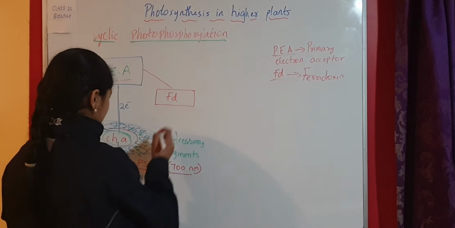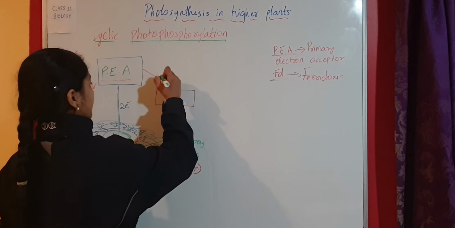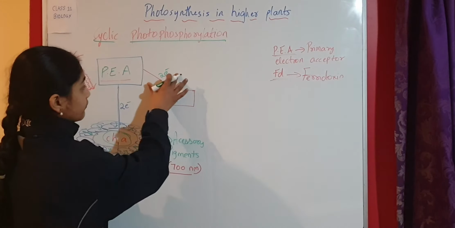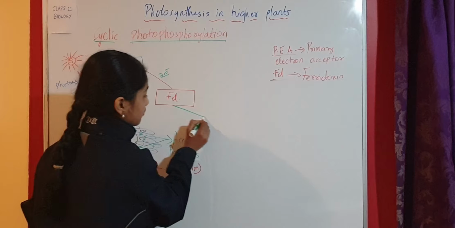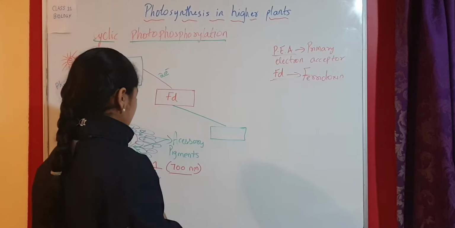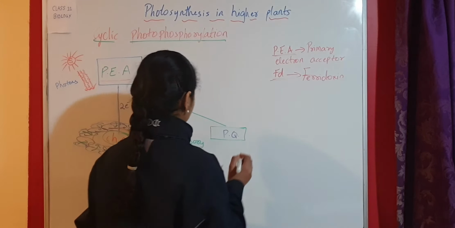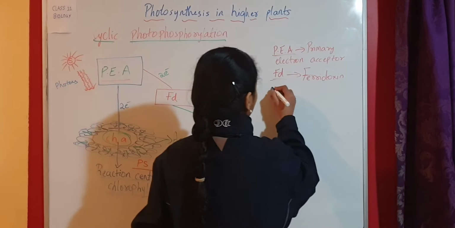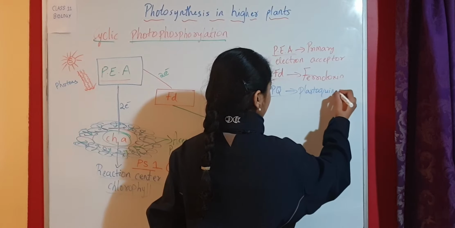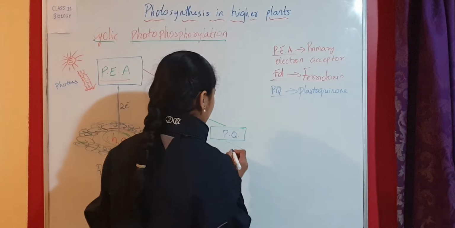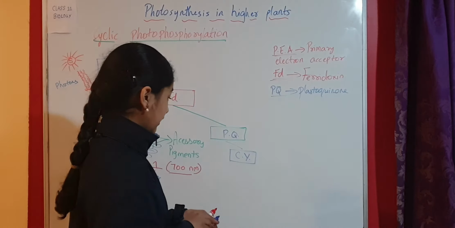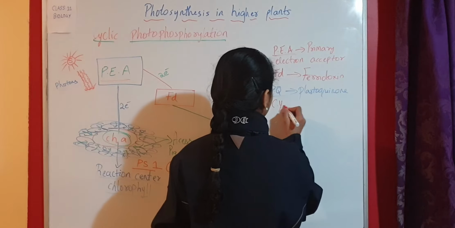Now from this ferredoxin, the pair of electrons is going to go to plastoquinone, and from PQ it is going to go to CY, and we know that CY is cytochrome.